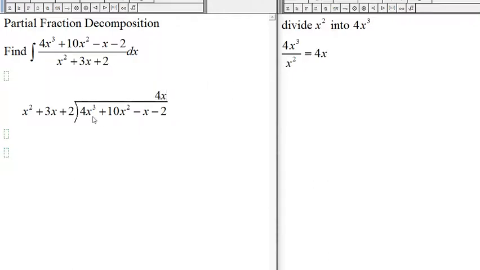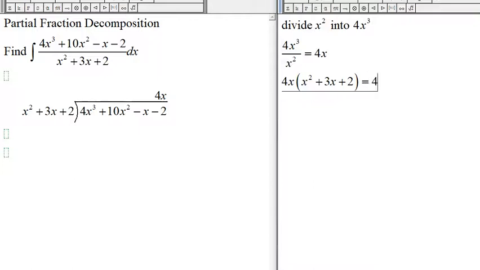And then we have to subtract 4x times this from this. And so we need to do 4x times x squared plus 3x plus 2.